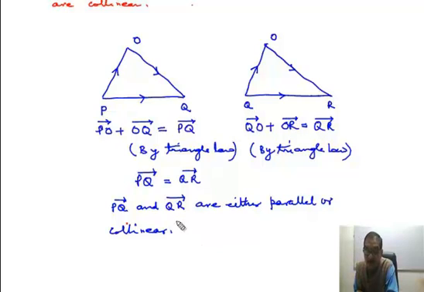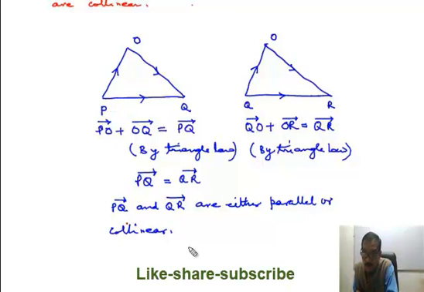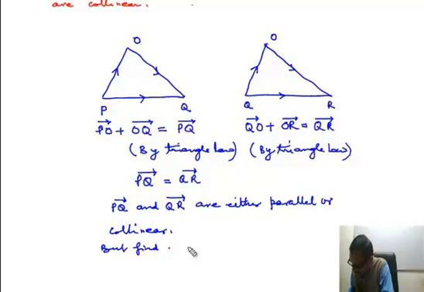Now since Q is the point here, which is common to them, they cannot be parallel, rather they are collinear.